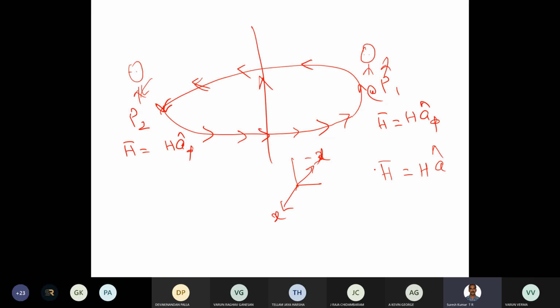Forget about the cylindrical, consider the Cartesian coordinate system, and to express the magnetic field in this direction, which direction will you use? Please try. Even if your answer is wrong, it's okay.